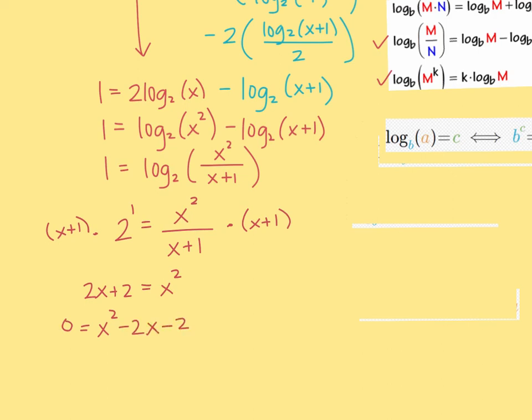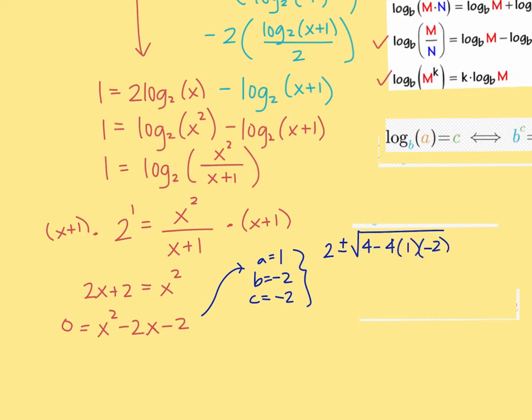So from here we have a quadratic. Let's see if it's factorable. Are there two numbers that multiply to negative 2 that add to negative 2? No, so we need to use the quadratic formula. Using the quadratic formula, our a is 1, our b is negative 2, and our c is negative 2. So we'll have the opposite of b plus or minus the square root of b squared, which is just 4, minus 4 times a times c, all over 2 times a, which is just 2.